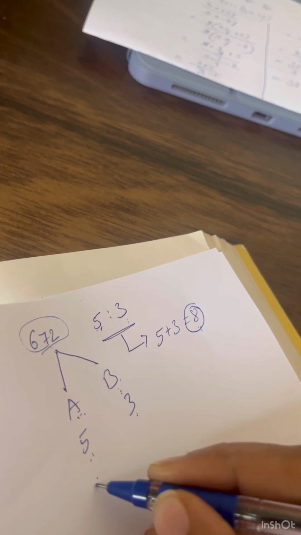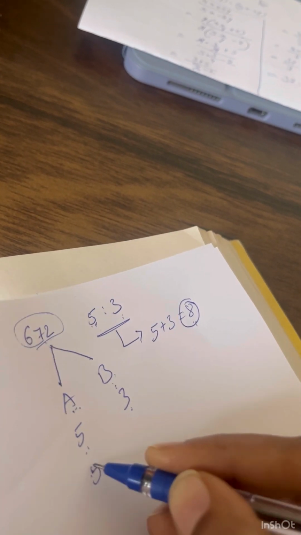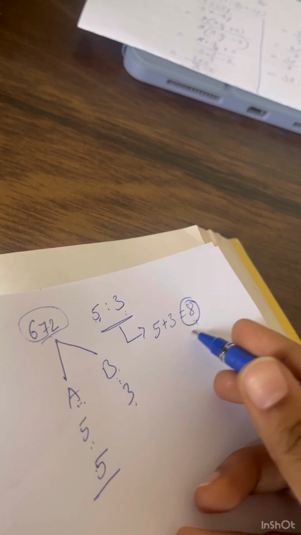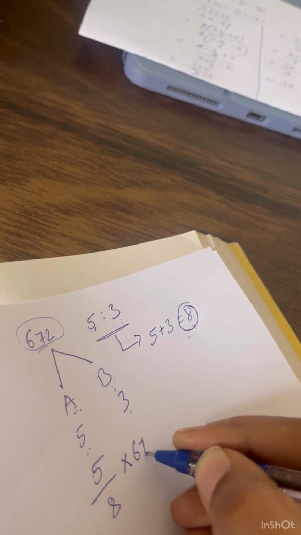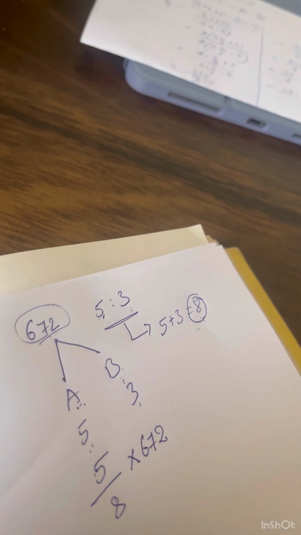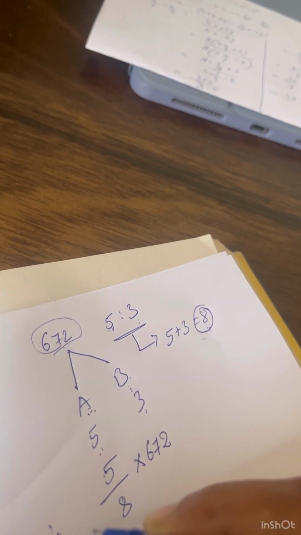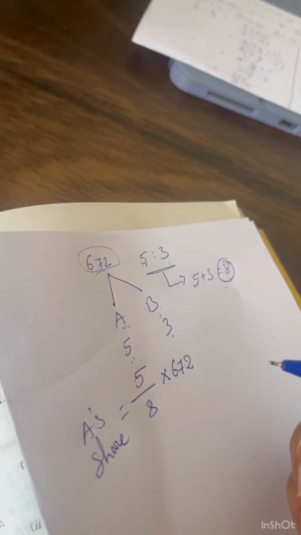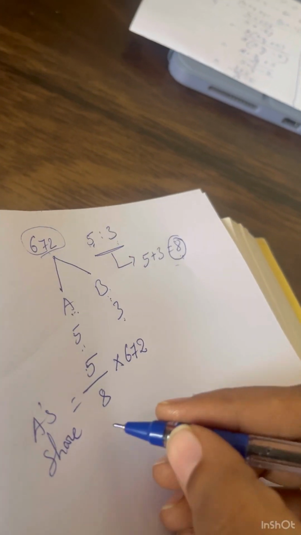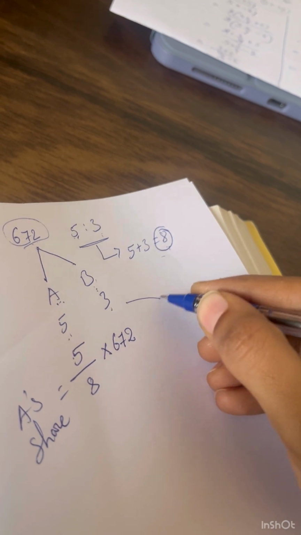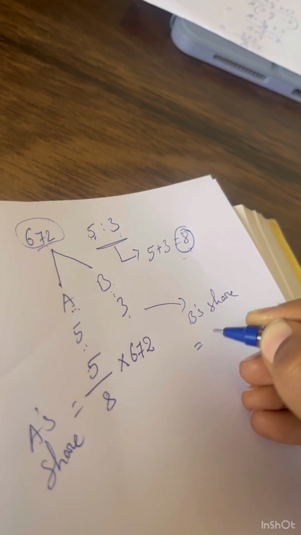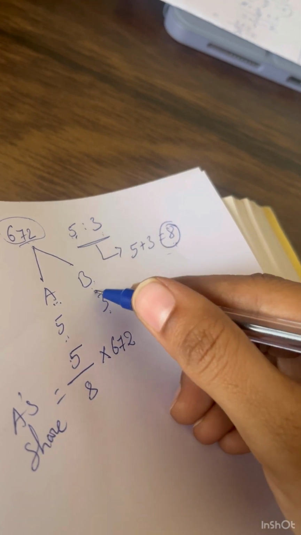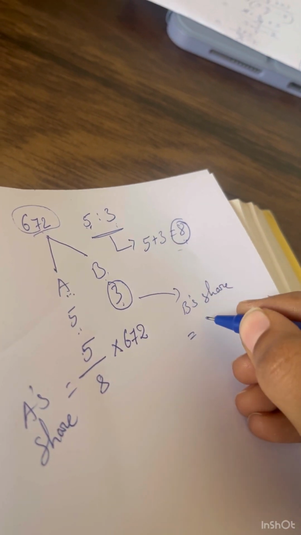Okay, so A's share is divided by total parts into the total amount. Okay, this is related to A's share. Now coming to B, B's share is equal to, how many B parts are there? 3.